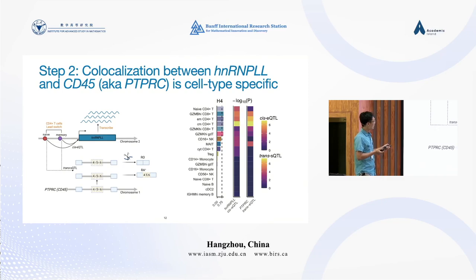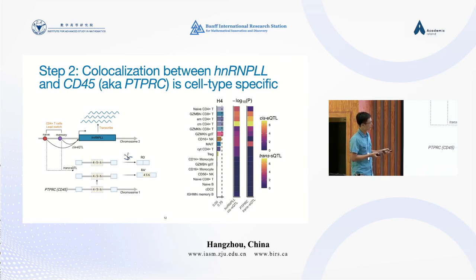What happens is that these two SNPs cause a switch from the RO isoform to the RA isoform, right? So exclusion or inclusion of exons 4, 5, and 6. And we saw a very strong colocalization pattern between the cis eQTL effect and the trans sQTL effect.